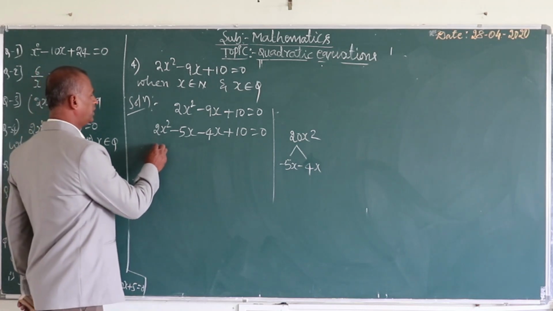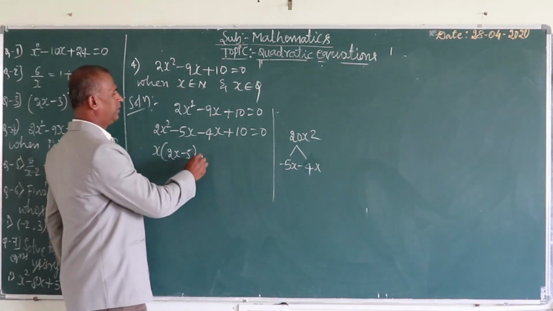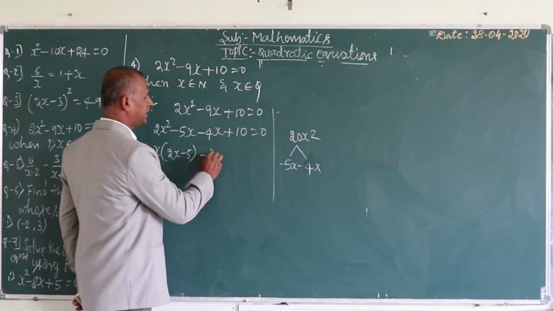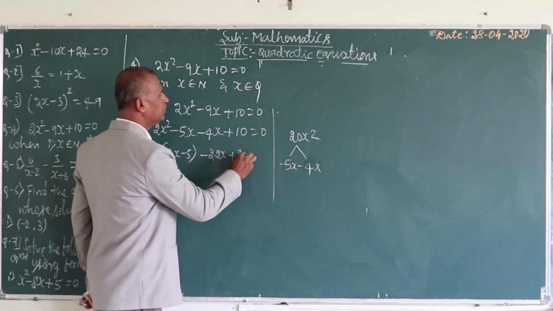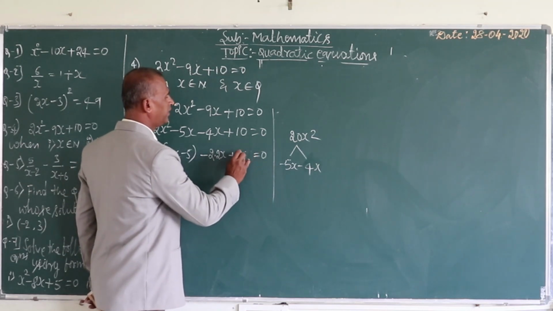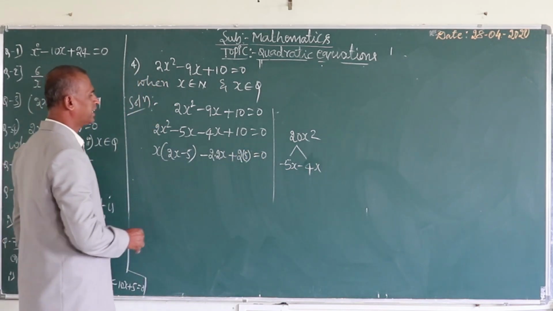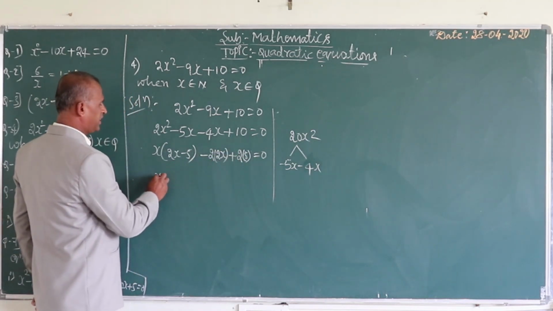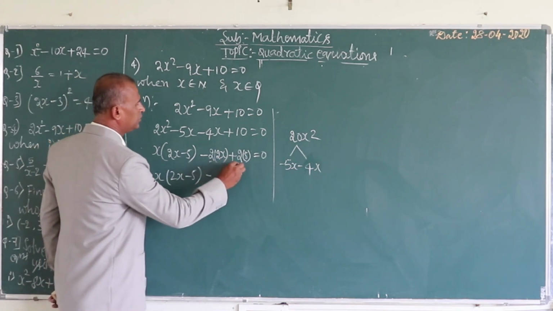Now we take x common here, the remaining is 2x minus 5. Minus, if you take 2 common, you can write 2 into 2x minus 5, this is 2 into 5, equal to 0. Next step: x into 2x minus 5, minus 2 if you take common.